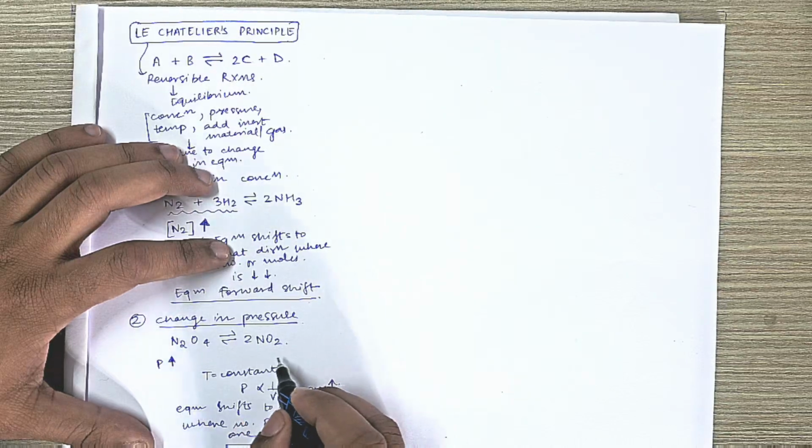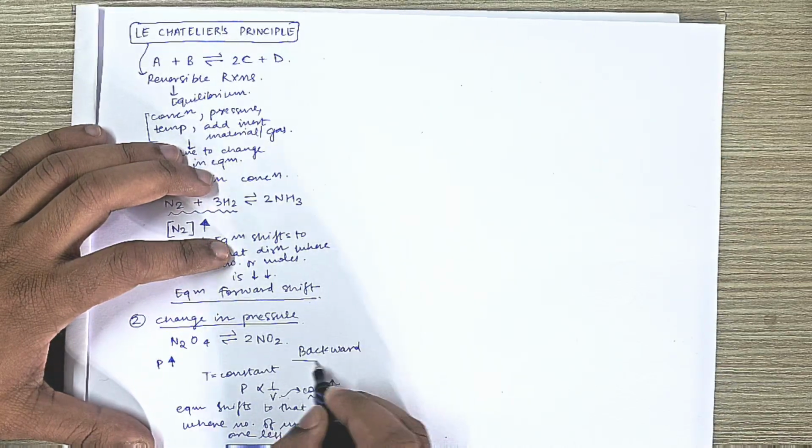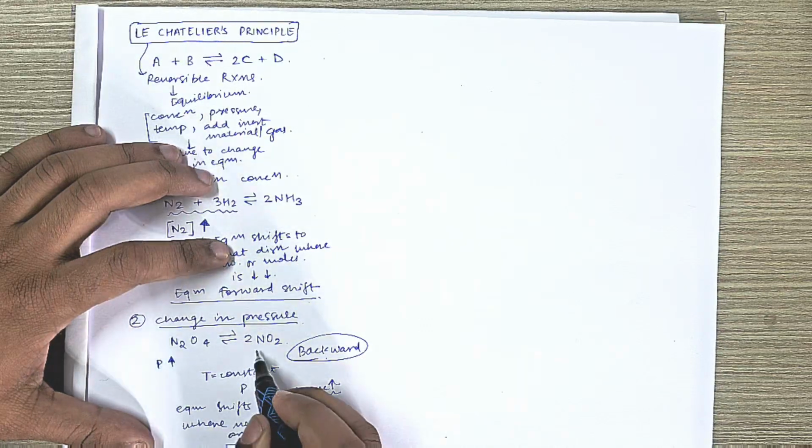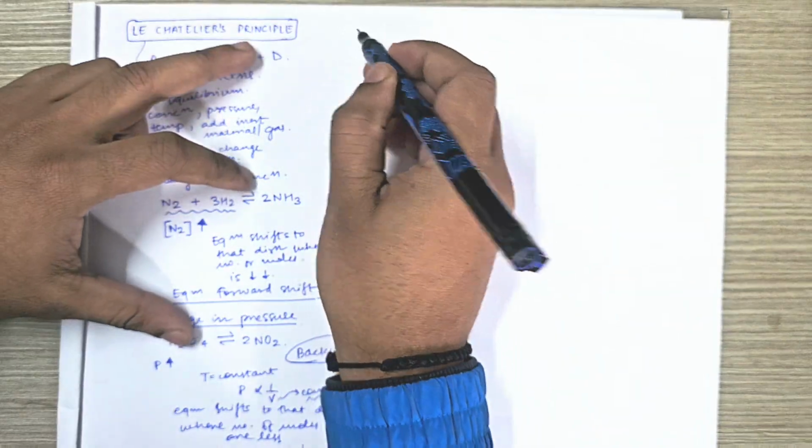Here the equation will shift backward, as the number of moles of NO2 will increase, and this will lead to the backward reaction, right?